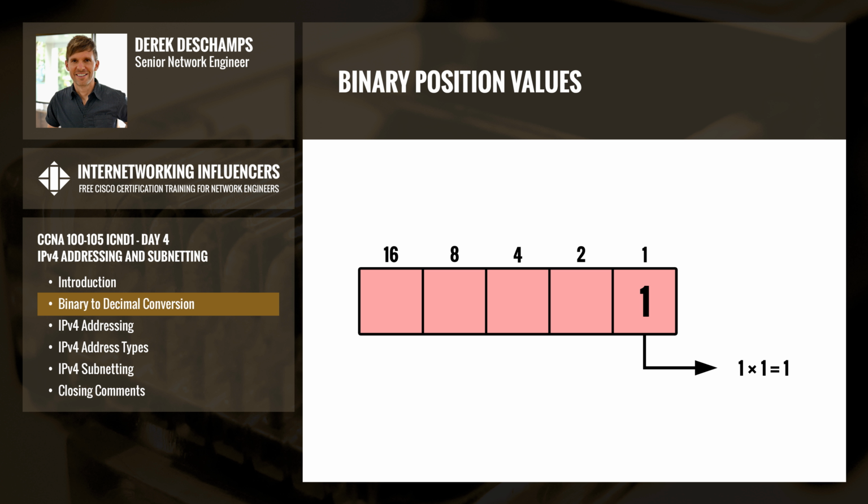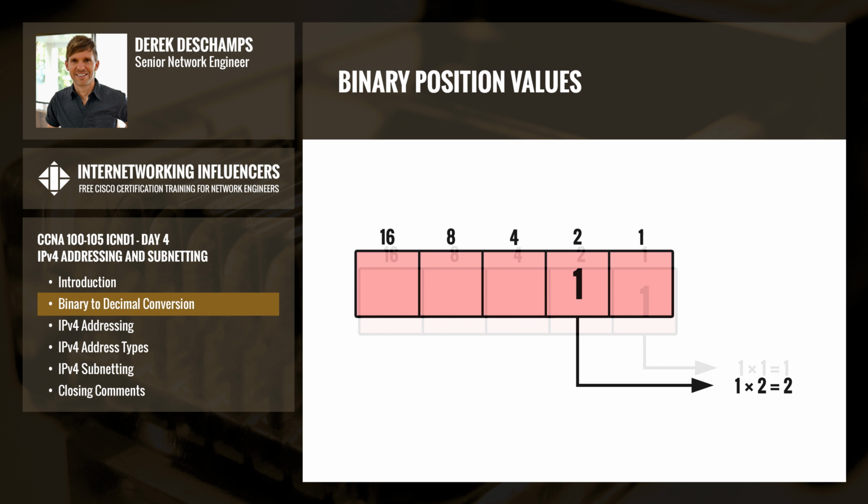With binary, we only have 2 digits available for us to use in each position, the numbers 1 and 0. So for example, if we have the number 1 in the first position starting from the right, we know that this position is worth a value of 1. So we take 1 times 1, which equals 1. If we have the number 1 in the second position, we know the value for this position is 2.